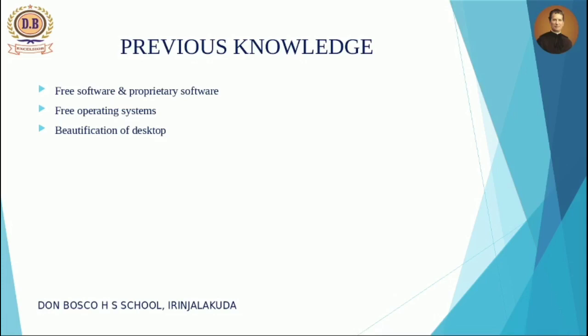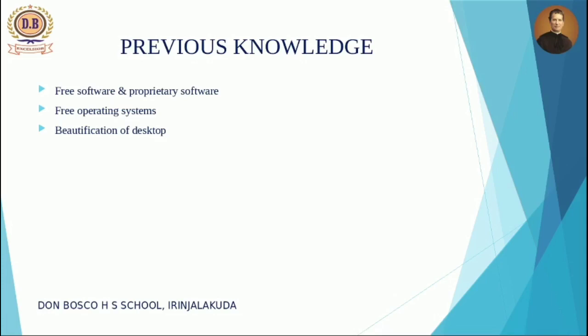Then later Microsoft Windows was launched. But these operating systems can be used only with the permission of the concerned companies. And they also restricted the freedom of the users in many ways. So this led to the idea of free operating system, and the first free operating system in the world was GNU Linux, which was developed in the year 1992.